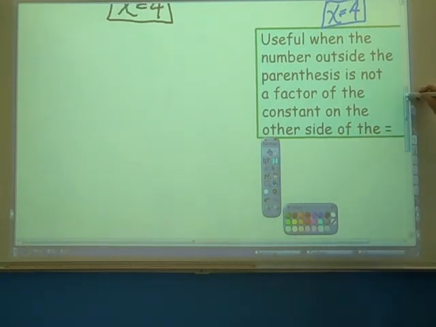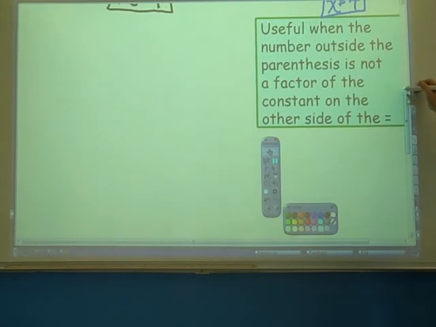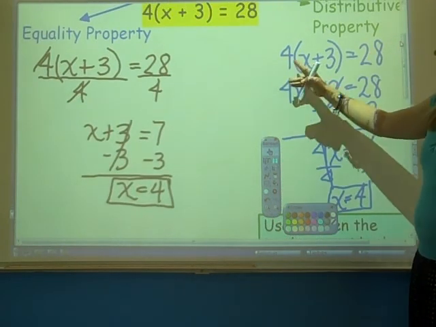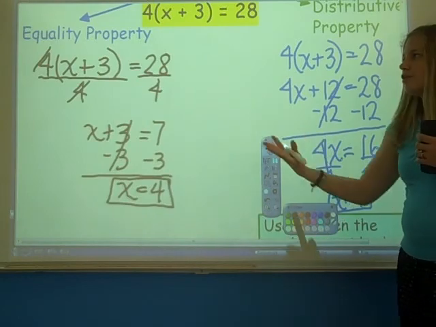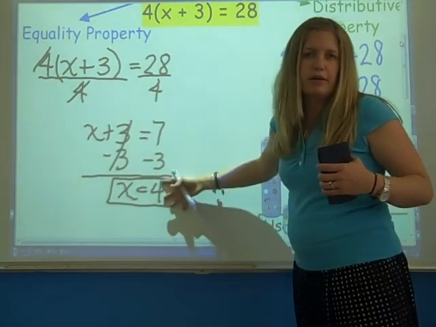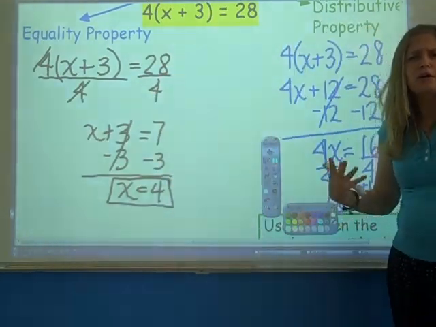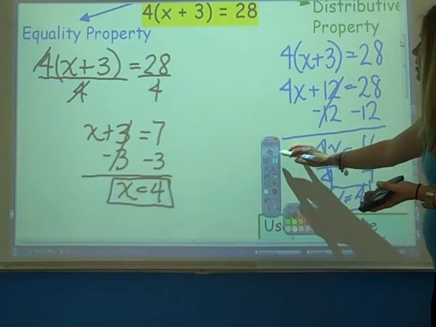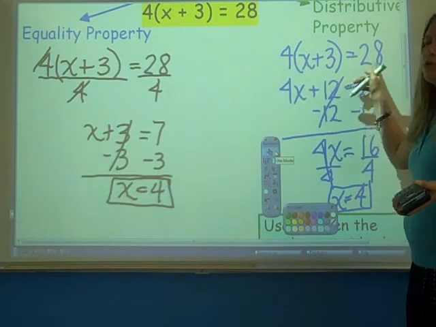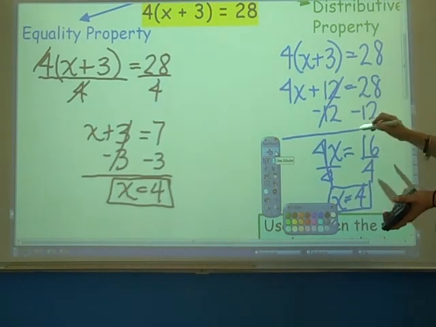What I mean by that, pause me so you can copy that down, is that if I can't easily divide that 28 by 4, you shouldn't use the property of equality, because then it will make your life a little bit harder. You'll get all these decimals and pieces of numbers and not get the exact answer. So we're going to use the distributive property when you cannot easily divide.